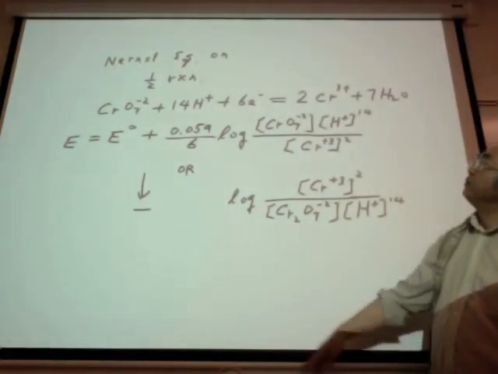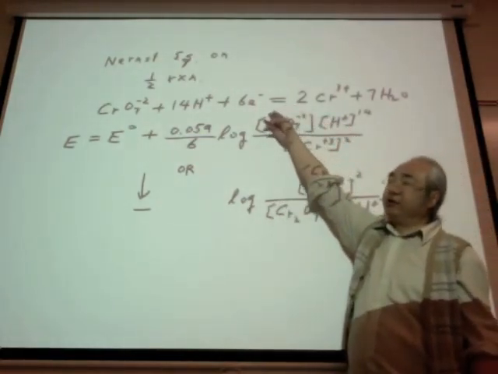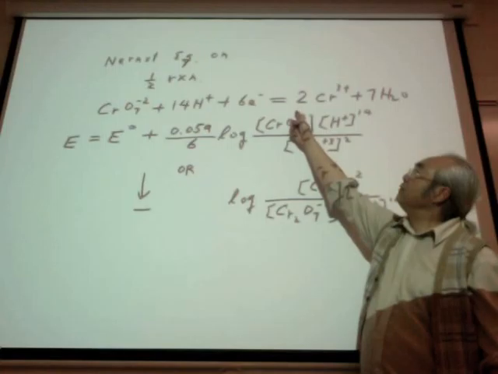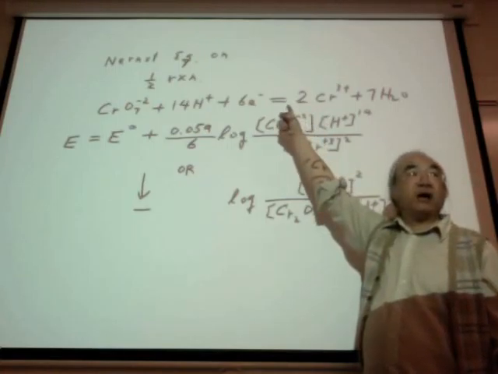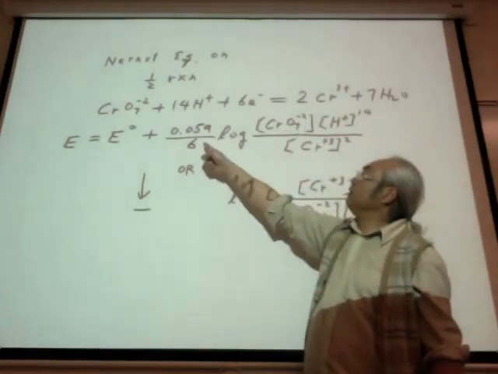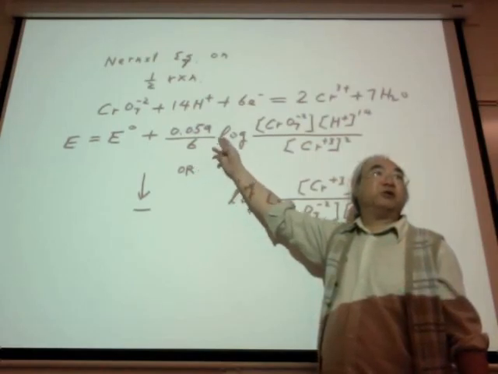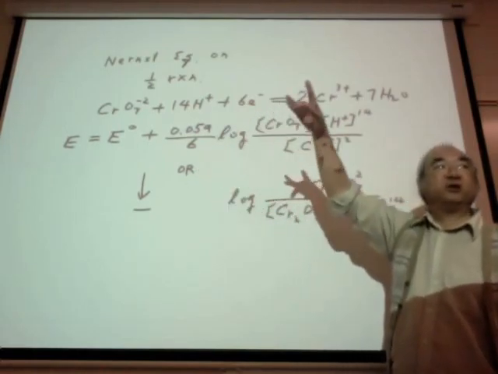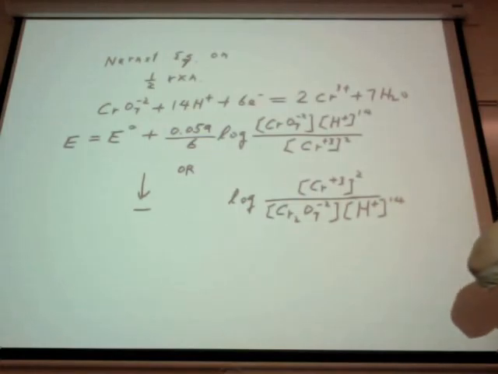So if you are asked to calculate the experimental potential specific for this half reaction, then the n, you use 6. So that's the only point I want to make, because we saw previously a complete reaction. So for a complete reaction n is different than specific for a half reaction. Okay?